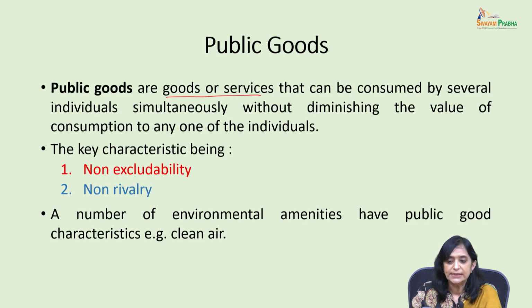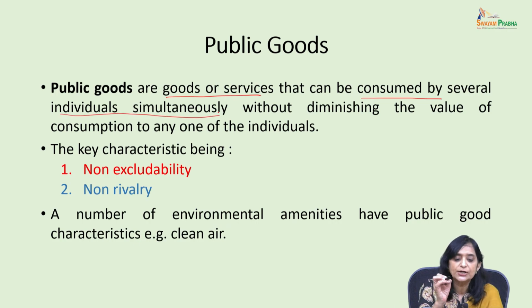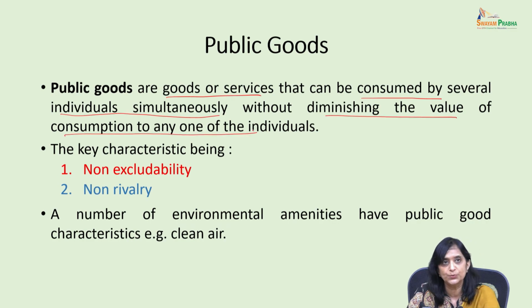That is, if someone is consuming that good or service, several individuals are consuming it simultaneously, but their simultaneous consumption is not diminishing the value of consumption to any one individual.